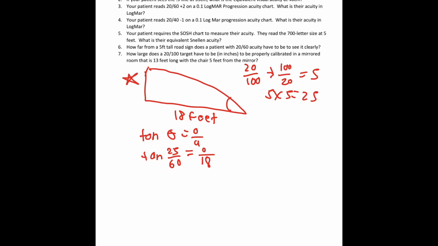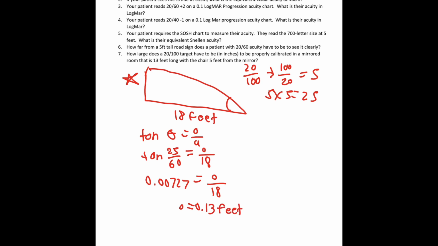So if we do tan of 25 divided by 60, we get 0.00727 equals opposite over 18. And so if we multiply 0.00727 by 18, we get opposite equals 0.13 feet.